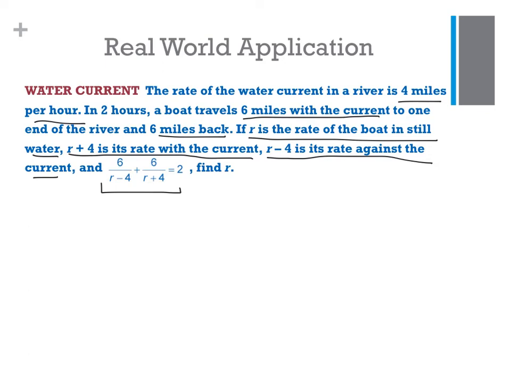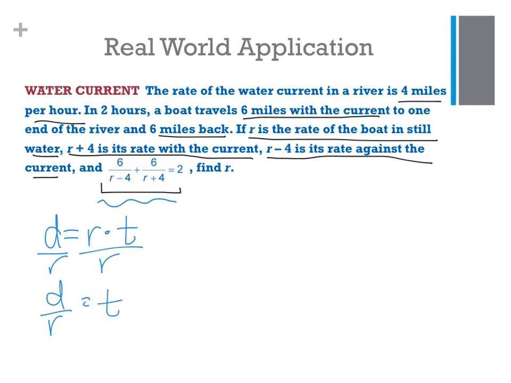Now I want to do a little bit of explanation of how they came up with this equation here: 6 over r minus 4 plus 6 over r plus 4 equals 2. Well, if you remember, distance is equal to rate times time. And if I solve this equation for time, I can divide both sides by the rate, so distance divided by rate equals time.